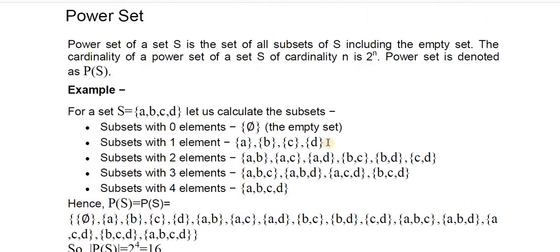Next, power set. Very important set. The power set of a set S is the set of all subsets of S including the empty set. The cardinality of a power set of a set S is 2 to the power n.